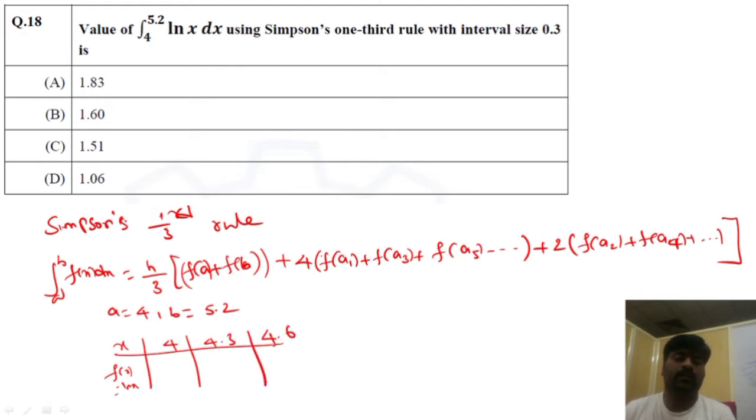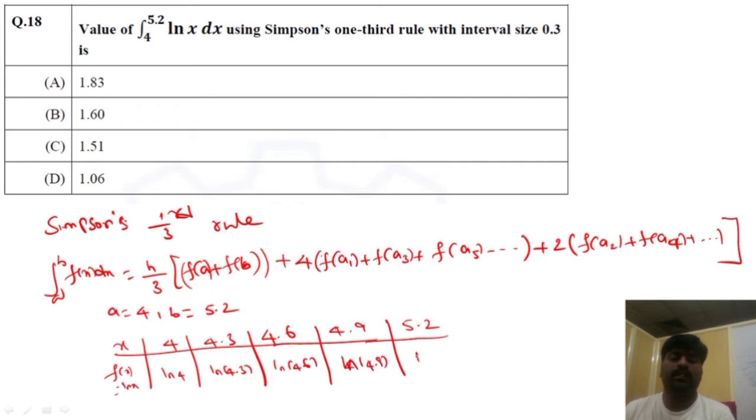Again adding, 4.6. Again, 4.9. Again, 5.2. So we'll get b, so we stop here. So this is ln 4, ln 4.3, ln 4.6, ln 4.9, ln 5.2.